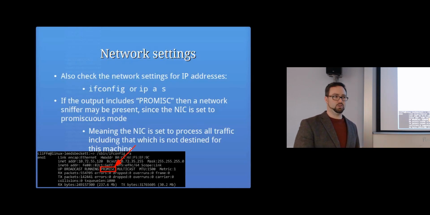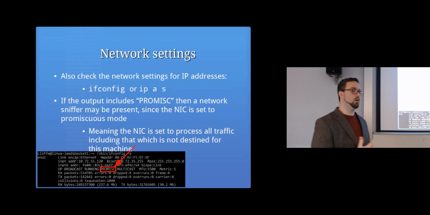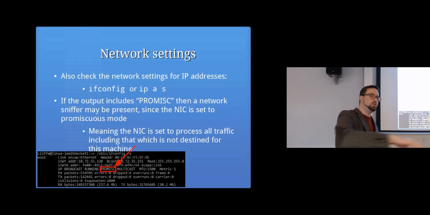And I think you guys have all learnt about this before. But if you have an old-fashioned network where you have a hub, for example, and you're all connected to a hub, you can see each other's network traffic. It's all there, right? But normally what a network card does is it just listens for traffic that's destined for that card and ignores everything else.